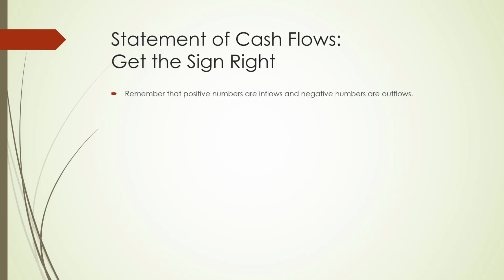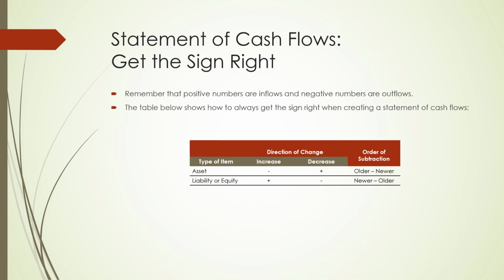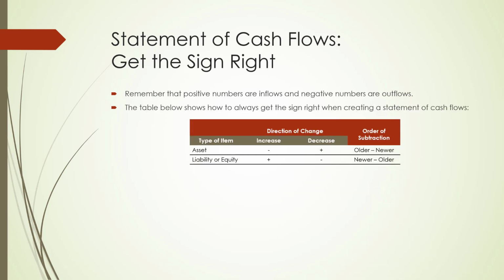So the statement of cash flows explains what the company did that caused that change in cash. Now, one thing that I noticed is that people often have trouble with getting the sign of the numbers on the statement of cash flow correct. And it's really fairly simple. I've put together a little table here that shows how to always get the correct sign. So let's go through this. If you have an asset, let's say inventory, and it increases, that means the company made an investment, a cash outflow in inventory.